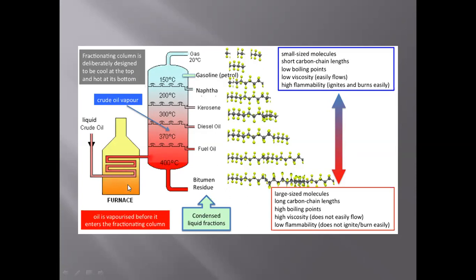So, what is the procedure? The crude oil is heated in the furnace, and the oils present in the crude oil change into vapor at their boiling points. Each oil has its own boiling point. The boiling points of each oil are different. For example, the fuel gas changes into vapor at a temperature of 20 degrees Celsius.